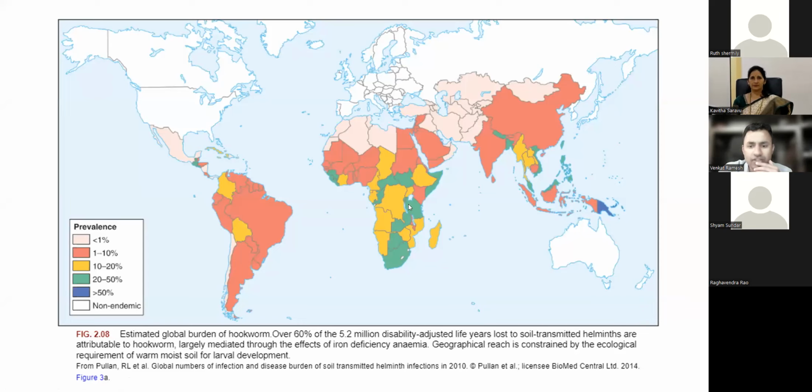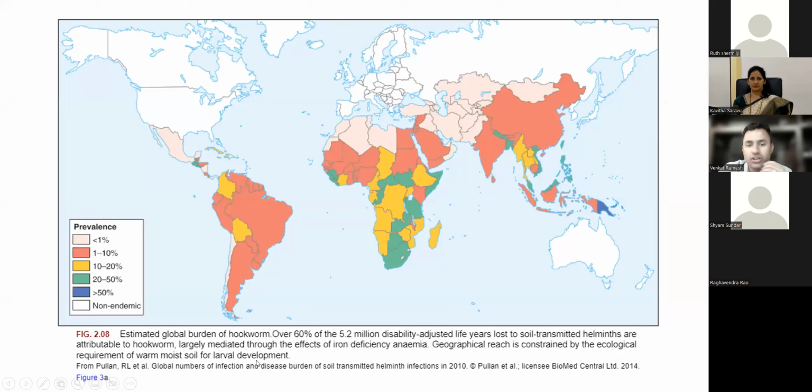The geographical reach is constrained by the ecological requirement of warm, moist soil for larval development, which is why we don't really see it in North America and Europe. Strongyloides is seen again in certain pockets worldwide, perhaps even to some extent in Europe and North America, and even in some countries like Australia.